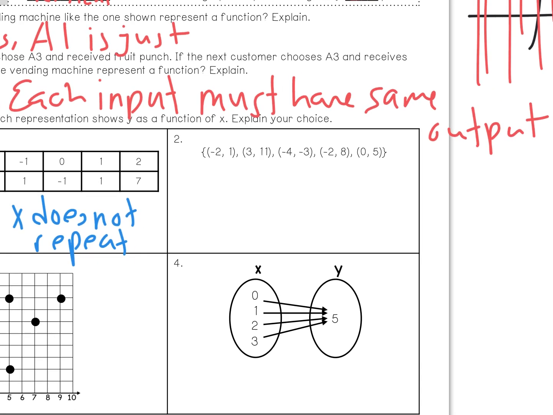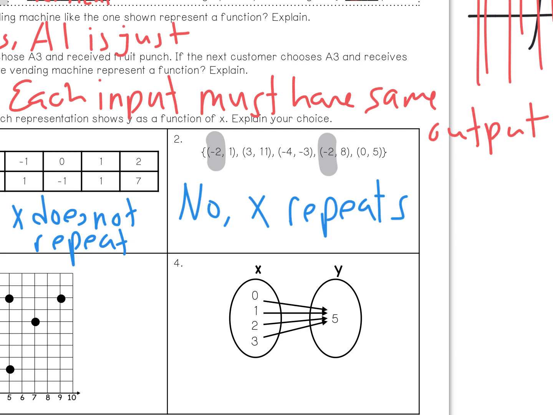What about with this list of points? Does x repeat? Negative 2 and negative 2. Yes. So in this case, x did repeat. Is this a function? No. X repeats. That's literally it. That's the whole idea.